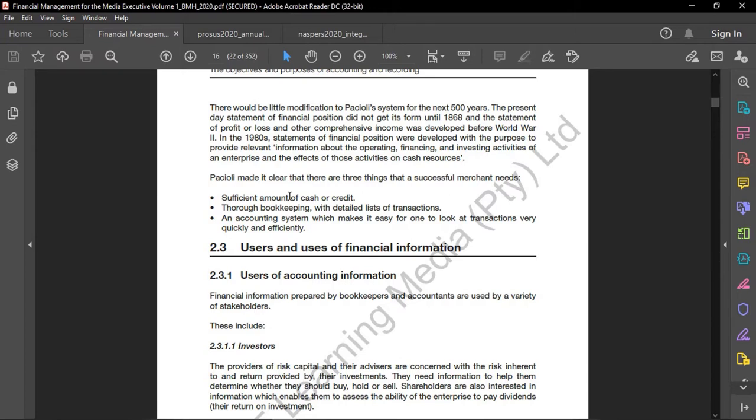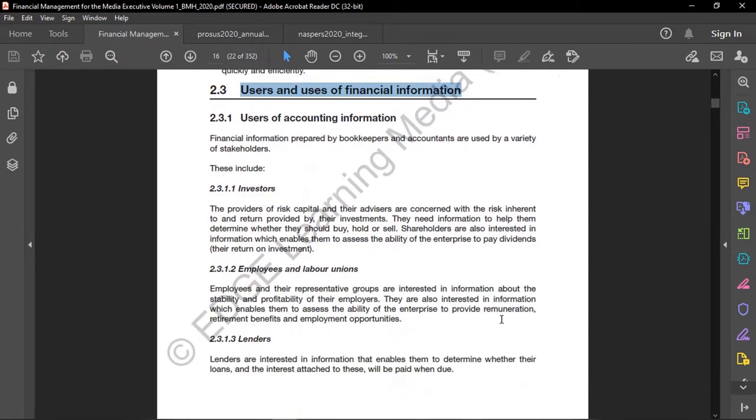The first thing that we need to establish is who uses this information and what do they use it for. This is a very important consideration, because if you understand what the purpose is of accounting, you'll then be able to use it appropriately. So there are different roles here that I would like you to look at.